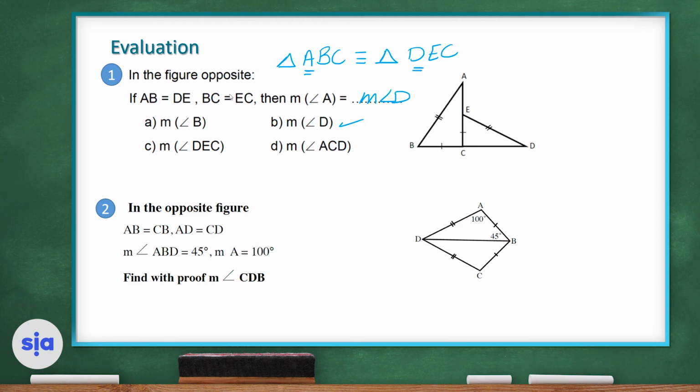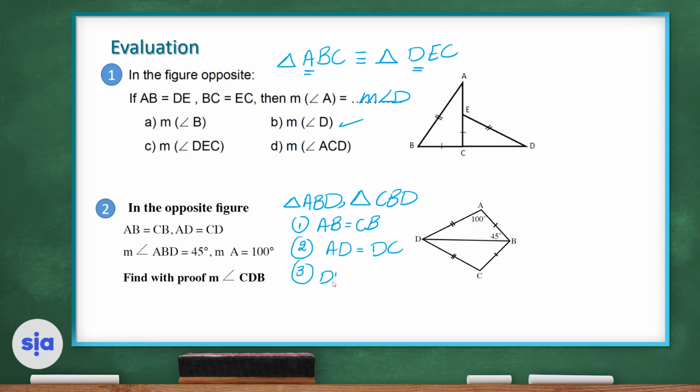As you can see here, in the two triangles ABD and CBD, the first thing, it's given that AB equals CB. The second thing, it's given that AD is equal to DC. And also, DB segment is a common side.